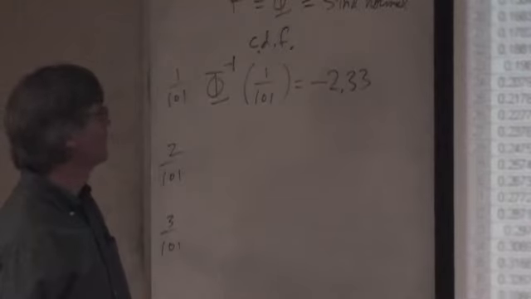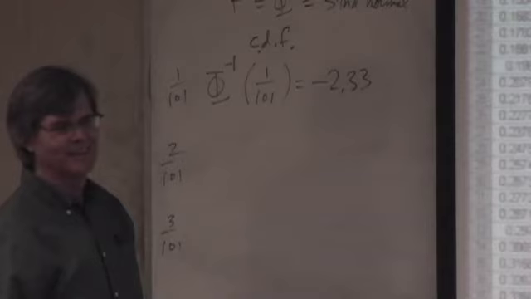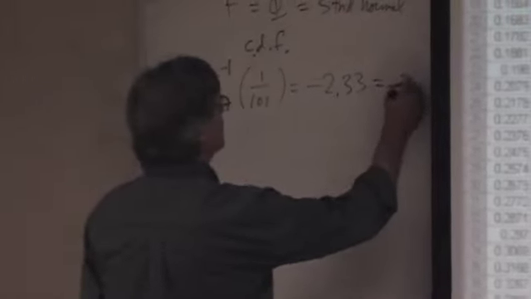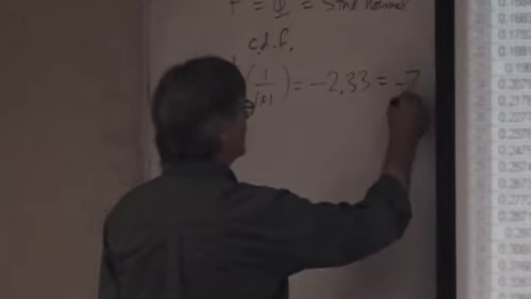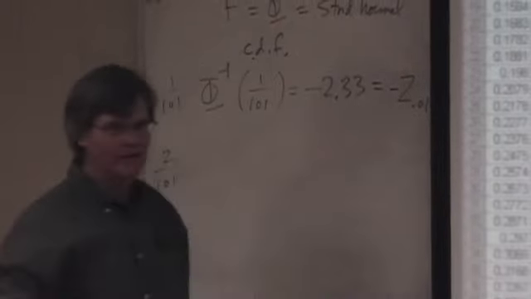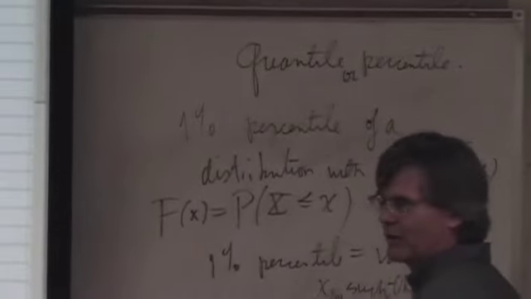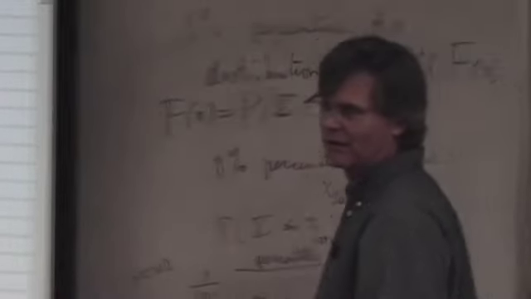Z.01 is 2.33, and we need the negative because that's one tail. There's negative Z.01. So this is exactly the same notation, except that they put the negative sign because Z.01 was the plus 2.33. Same exact notation that I had here.